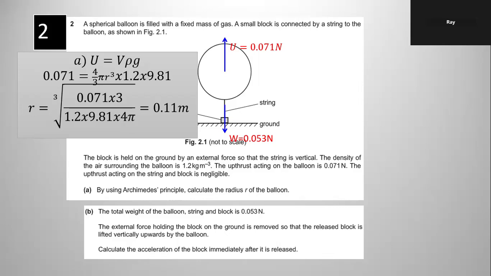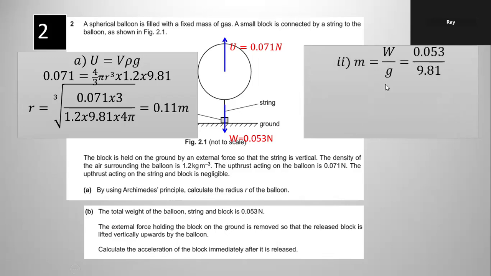Oh, yeah, I can see from here. Upthrust, that's the weight. So you can calculate the mass first. Oh, so it's upthrust minus weight. But you want to find acceleration, you have to find the mass. So that's why we find the mass first.